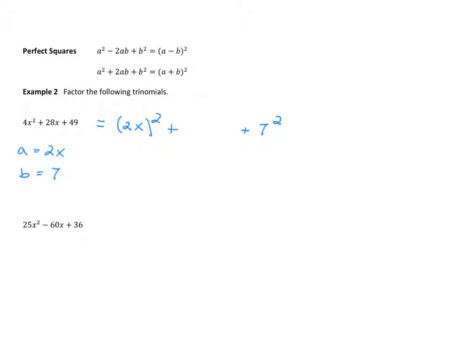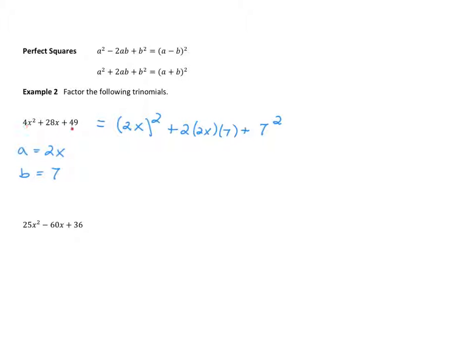I just want to make sure now that the middle term, 28x, is equal to 2 times A times B. Is that true? We have 2 times 2x times 7. 2 times 2 is 4, times 7 is 28, with x left over. This middle term does in fact match up with this 28x.